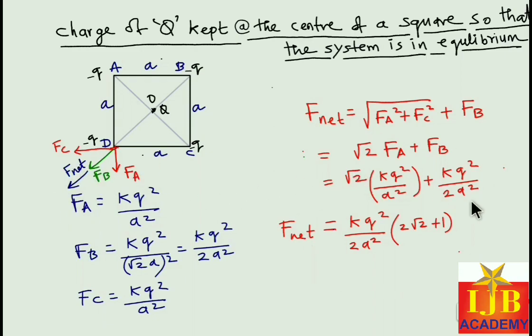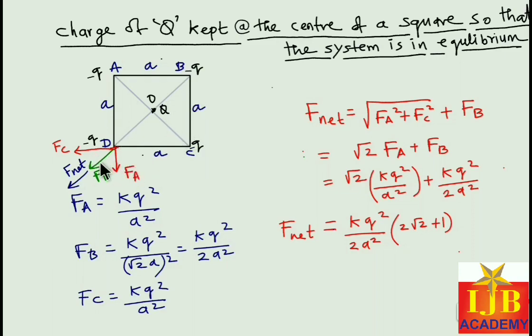Now we have come to the very important part of this problem. We have found the net force acting at one corner, and now we have to find the value of Q. The condition is that the system is in equilibrium. So if the system has to be in equilibrium, there should be an equal and opposite force acting inwards.